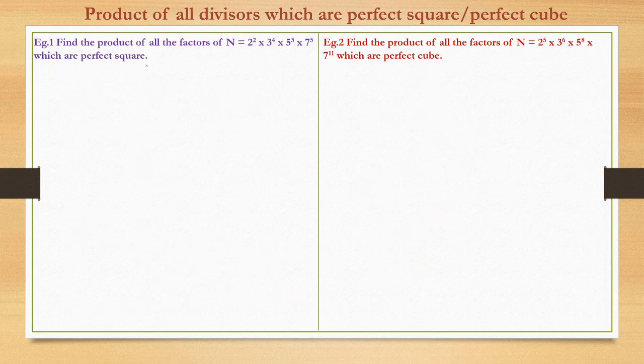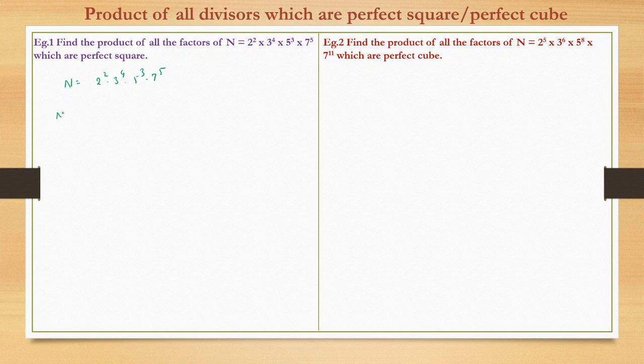Now we have to find the product of all the factors which are perfect squares. So n is given as 2 square into 3 raised to power 4 into 5 cube into 7 raised to power 4. We have to find the product of all the factors which are perfect squares. So try to understand the approach here.